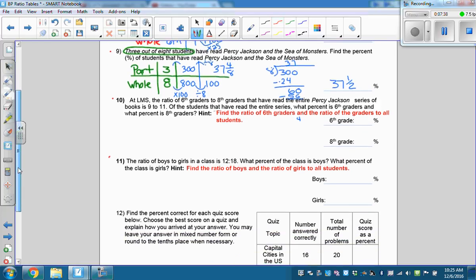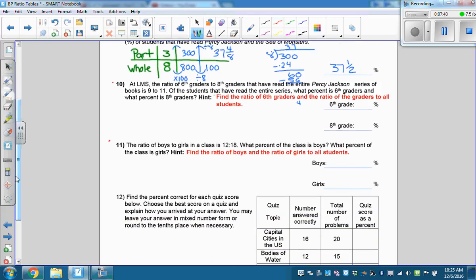Now when we look at number 10, at LMS, the ratio of sixth graders, that's one population, to eighth graders, that's a second population. Now we have 2 populations. At LMS, the ratio of sixth graders to eighth graders that have read the entire Percy Jackson series of books is 9, representing the sixth graders, to 11, representing the eighth graders.